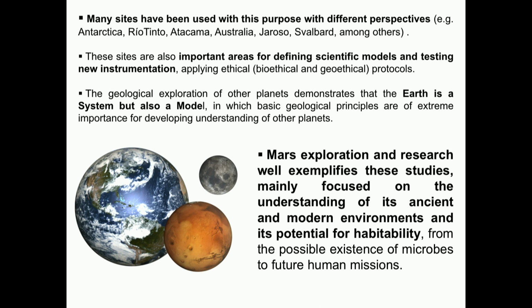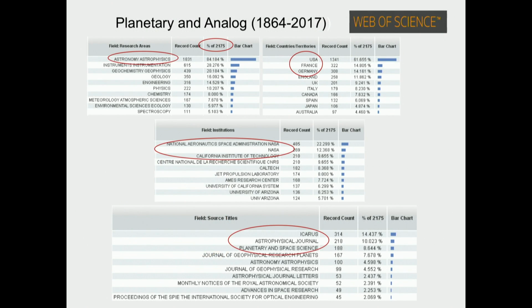But before showing the features on Mars and the comparison, I made a search about this subject, because I like to do it for my presentations on different concepts, to know the state of the art and the situation of the terms now in the scientific literature. So I was searching in the Web of Science database, and I crossed the terms planetary and analog from 1864 to the present moment.